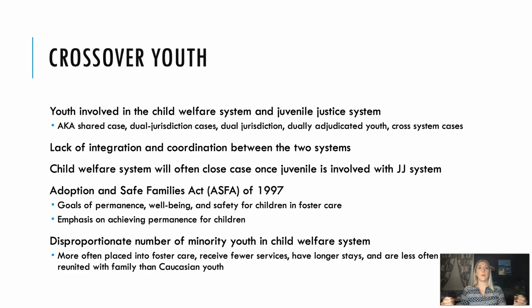So they're exhibiting both types of behaviors, dependent and delinquent behaviors. Unfortunately, there's a huge lack of integration and coordination between the two systems, and I can attest to that, having been a probation officer. The child welfare system, we call it OCY, the Office of Children and Youth. They're often called many different names, but it all means the same thing.